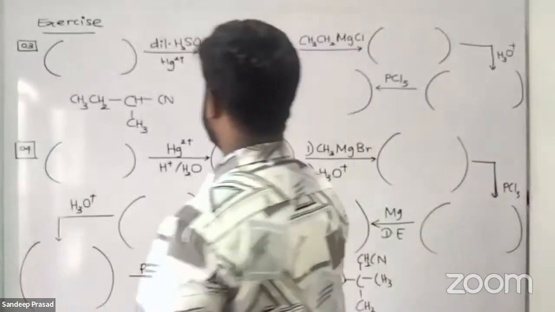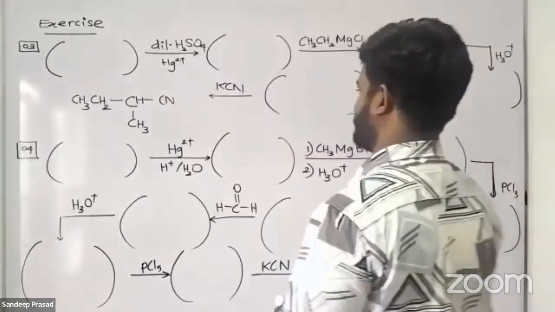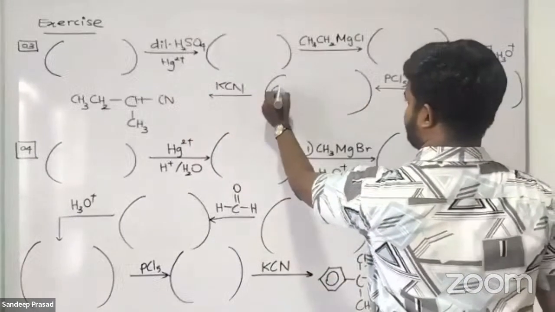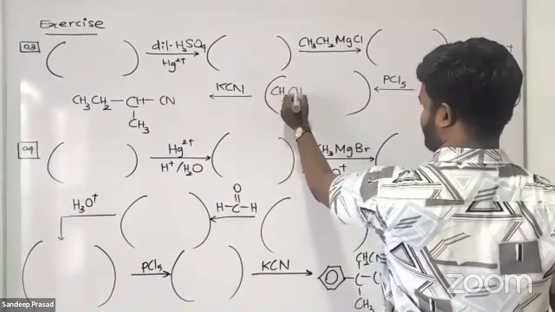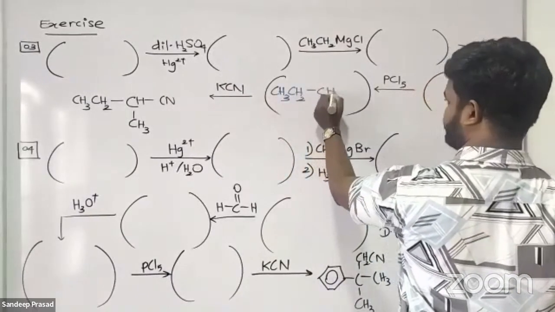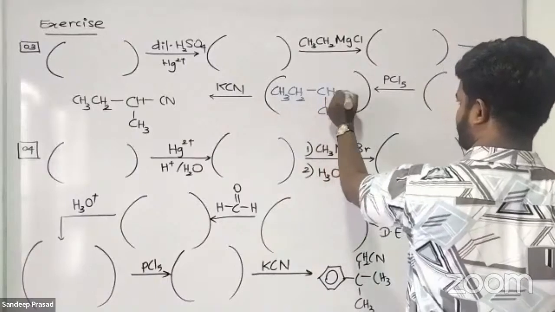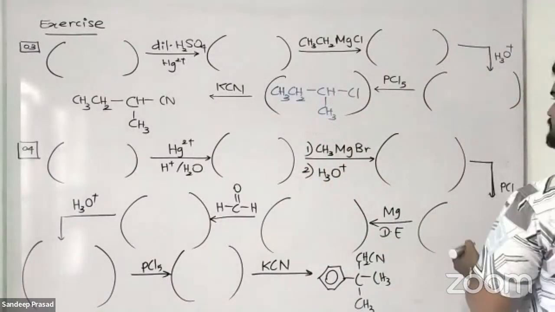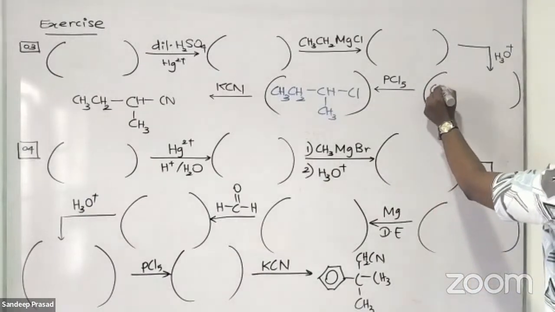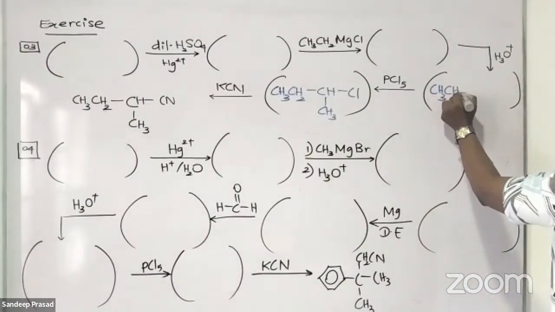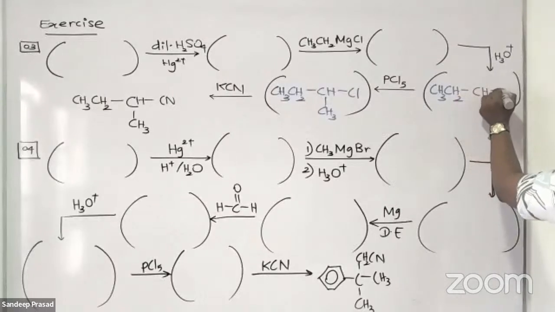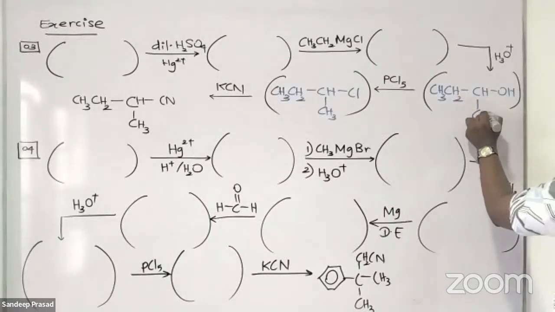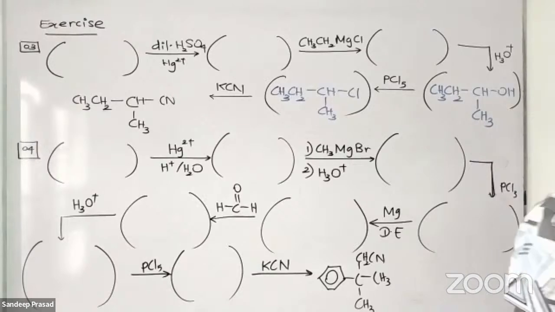Let's move to the third one. Reverse. CH3CH2, alkyl halide. And CH3CH2OH, and here CH3. Okay.